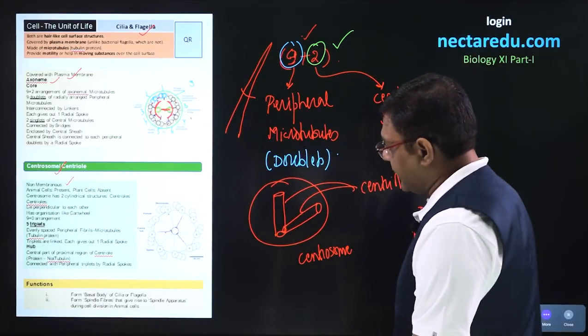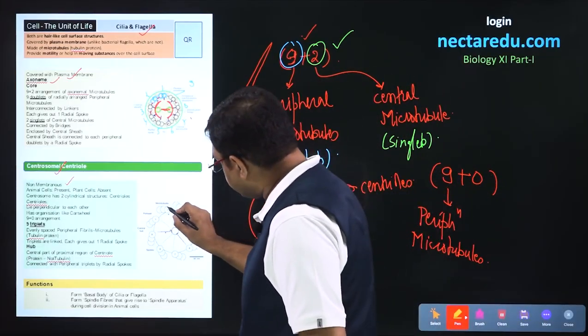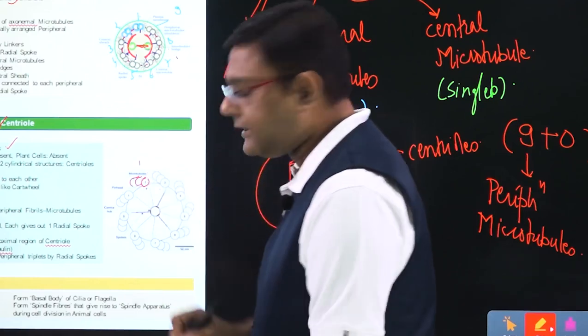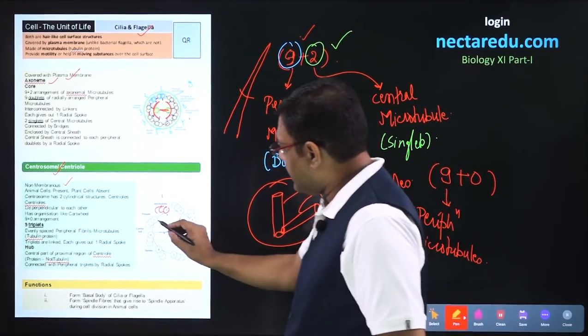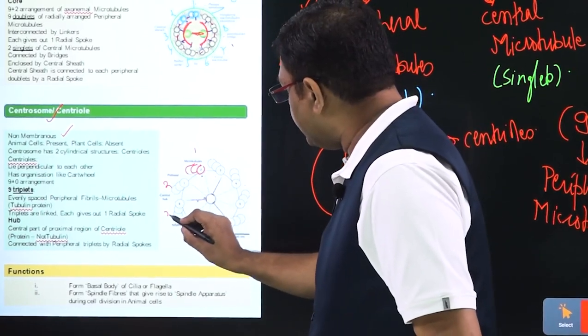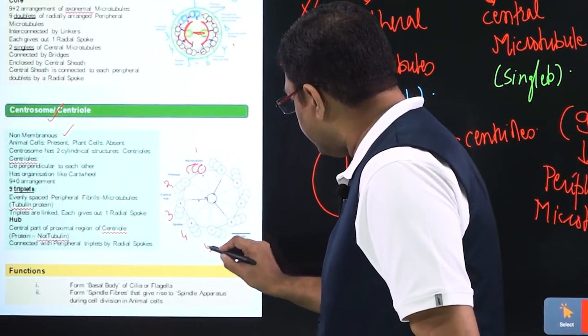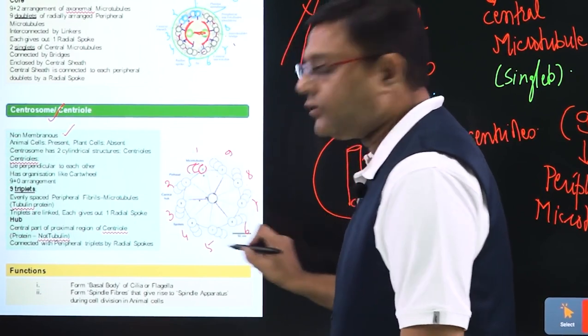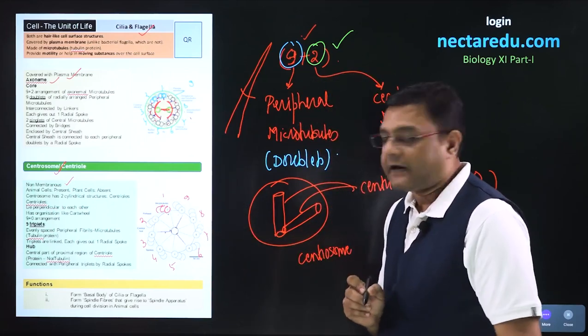In this particular diagram, we can see these structures. These are the microtubules. This is number 1 microtubule. This is number 2, number 3, 4, 5, 6, 7, 8 and 9. So 9 peripheral microtubules are there.